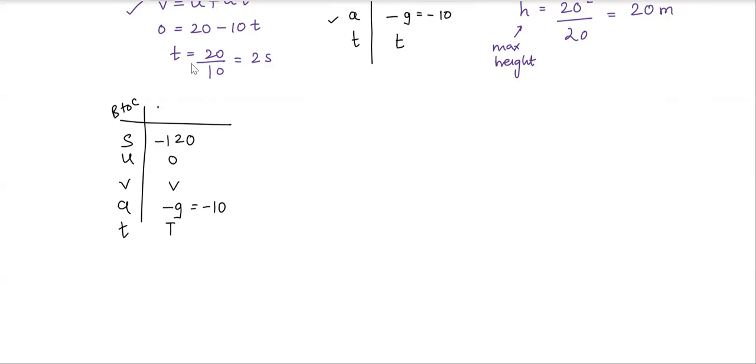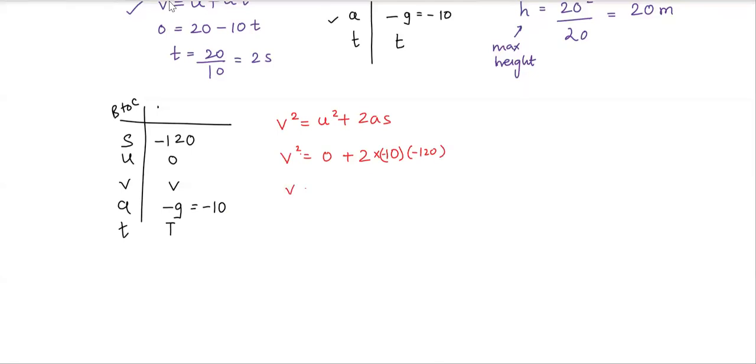Okay, now I need to figure out two variables, so I can use v squared equals u squared plus 2as. In this case v is something we can find. v squared, u squared is 0, plus 2 into g, which is minus 10, and the displacement is minus 120.